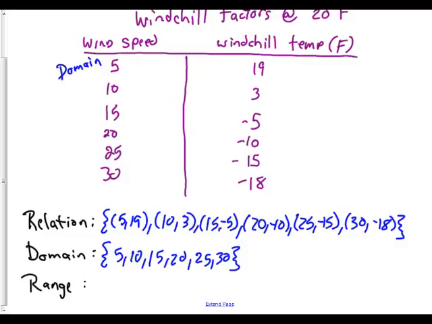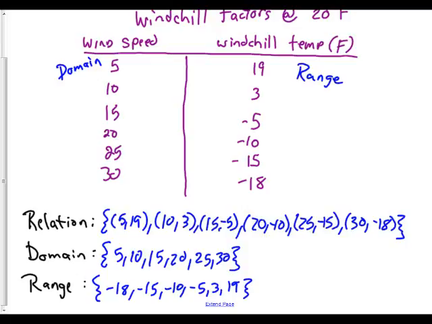And we would also put our values in the range as well. The range would be the y values on the right, once again using set notation, and listing these numbers: negative 18, negative 15, negative 10, negative 5, 3, and 19.